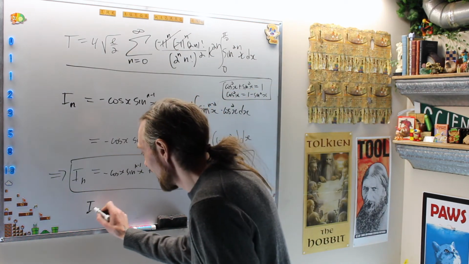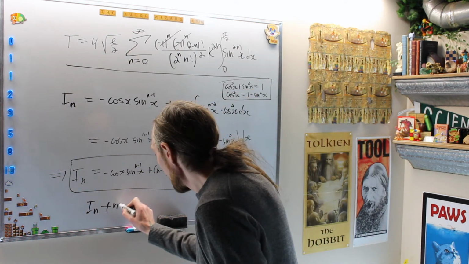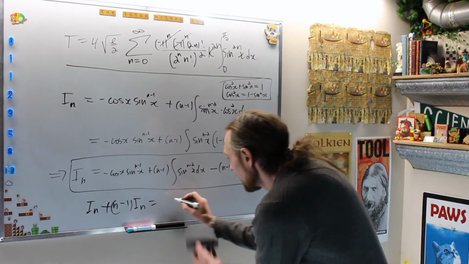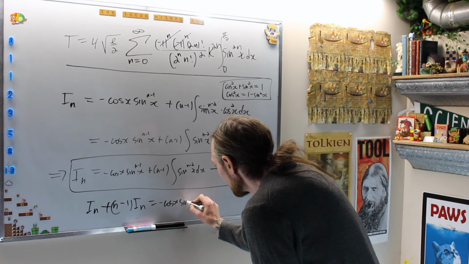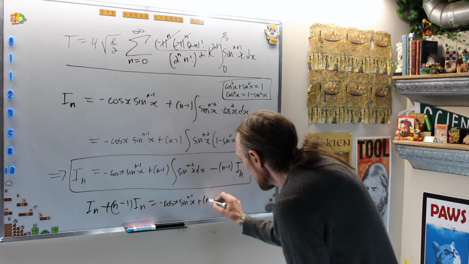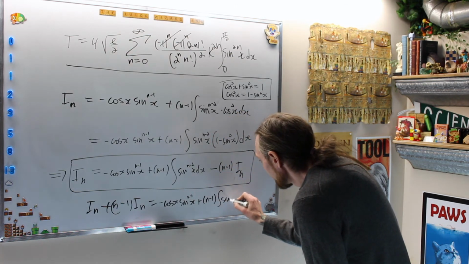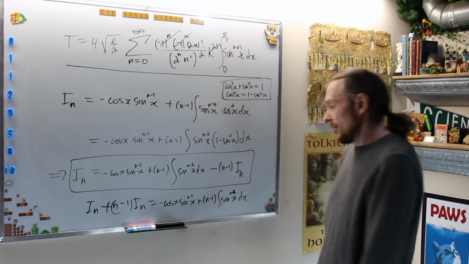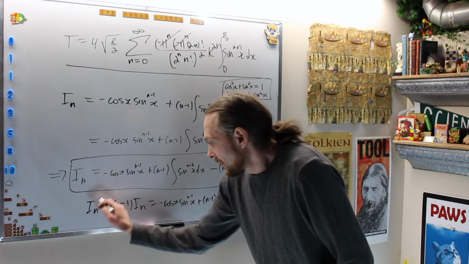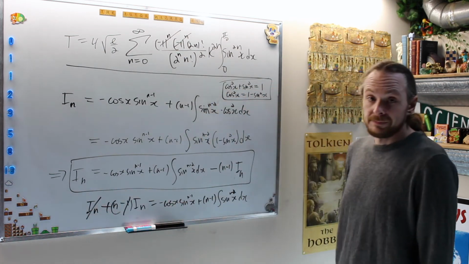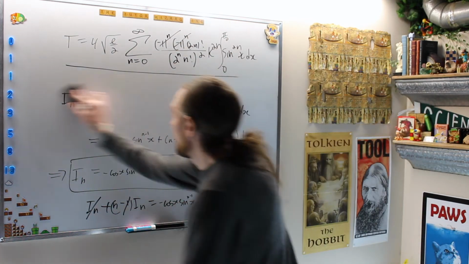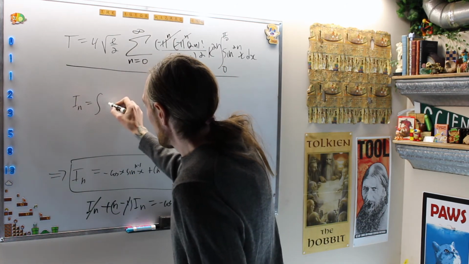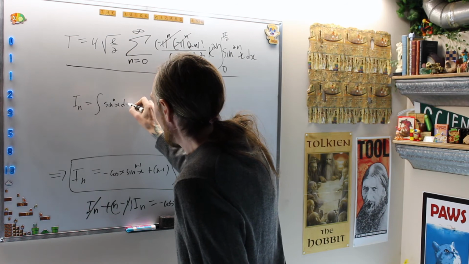Solve for I_n. This will give me I_n plus (n-1) I_n equals this hot mess: negative cos x sine^(n-1) x plus (n-1) the integral of sine^(n-2) x dx. This one and this one cancel. Let me move it up one more time, and I get I_n, which is the integral of sine^n x dx.